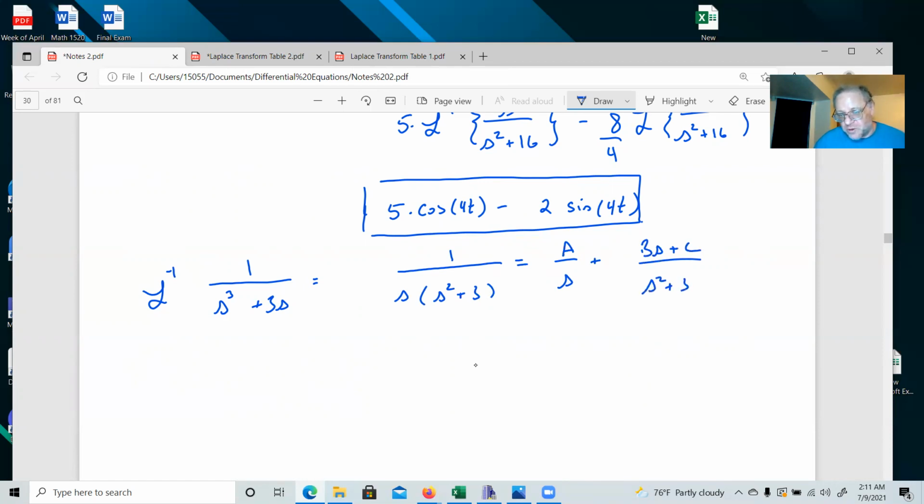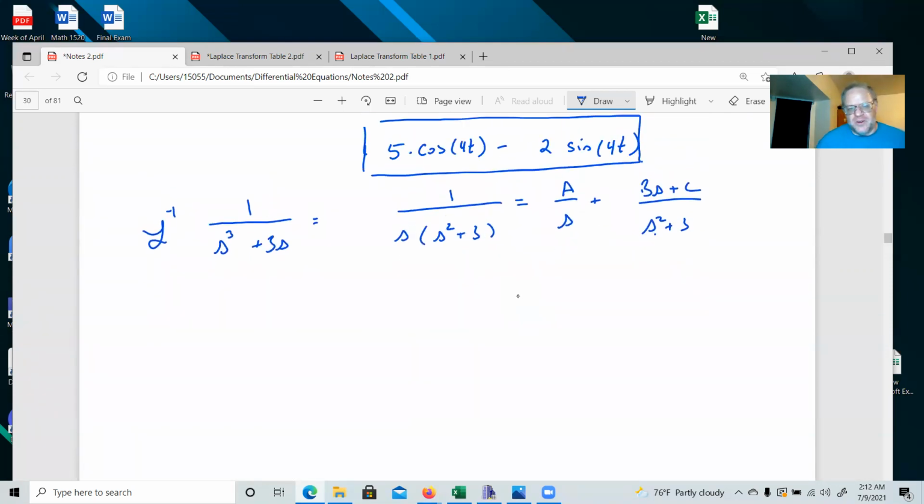It's an irreducible quadratic, so we get an Bs plus C at the top here. Remember, they're not going to go nuts. We're not going insane with this, so you don't have to remember the absolute worst partial fraction rules, but you do have to remember things like repeated roots, and how that works.